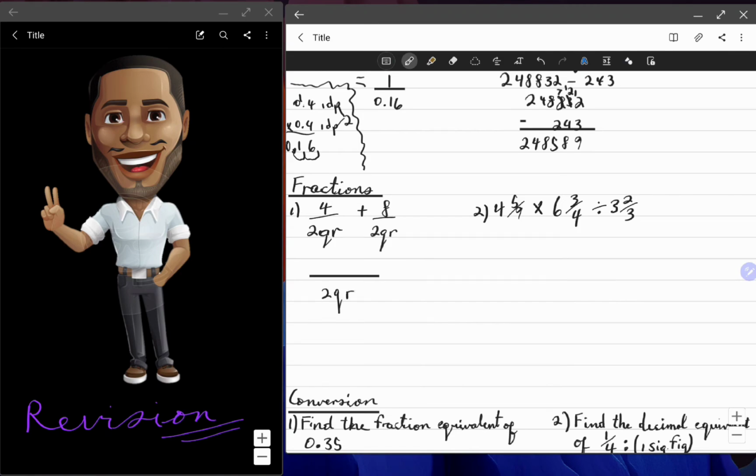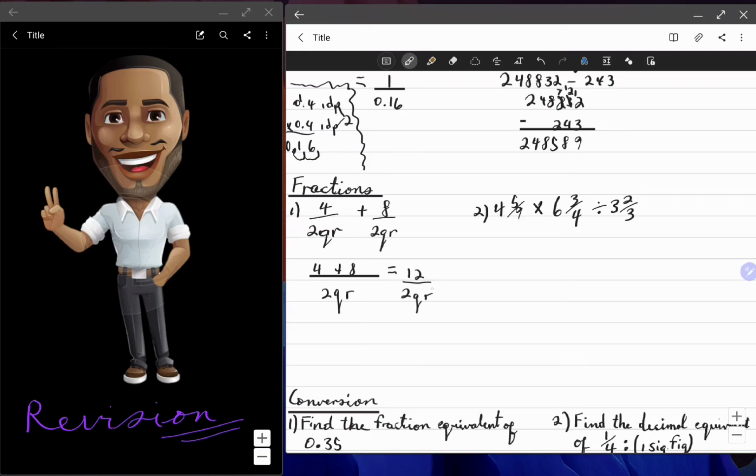Alright, so we'll put back our denominator. So all we need to do now is add our numerators. So then our answer is 4 plus 8 would give us 12. And our final answer is 12 over 2 QR.